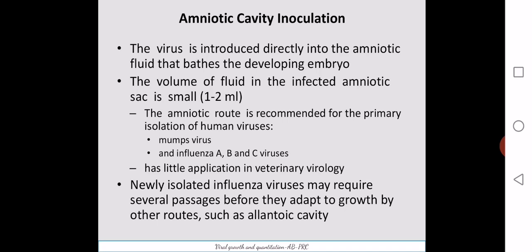As a last point: newly isolated influenza viruses may require several passages before they adapt to growth by other routes such as the allantoic cavity. That means the amniotic cavity is unique, and those viruses which multiply in the amniotic cavity, if you take them out and inoculate into another location or another mode of propagation, will take some time to become familiar with that.